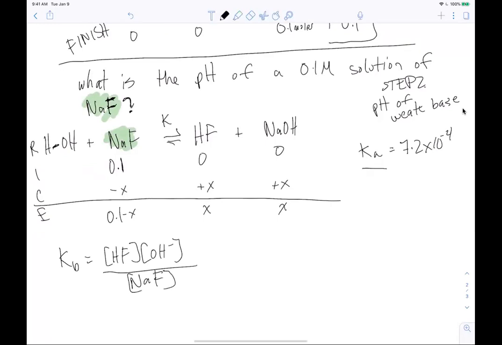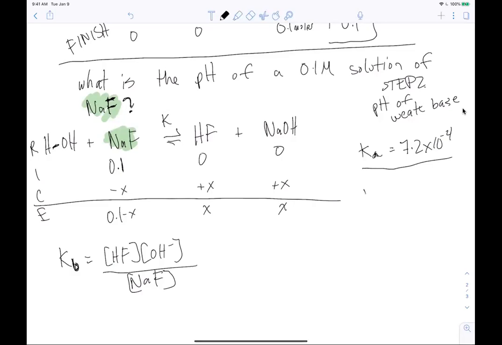And a lot of times you're just given Ka, which is the preference in terms of tabulation: we work with Kas or we work with pKas. So just be careful here that you are working with the appropriate equilibrium constant.